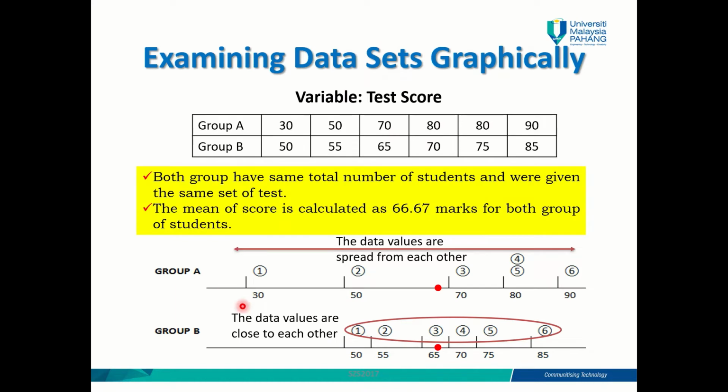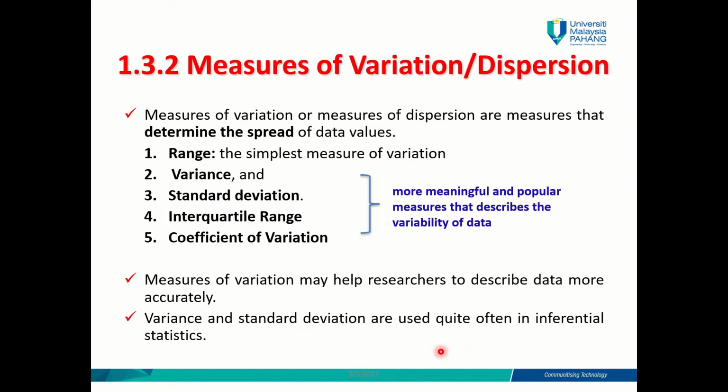If your data values are spread from each other, if your data values are far from the average value, your measures of variation will have a big value. Your measures of variation will have a larger value. If your data values are close to each other, if your data values are close to the average value, then you will have a smaller measure of variation.